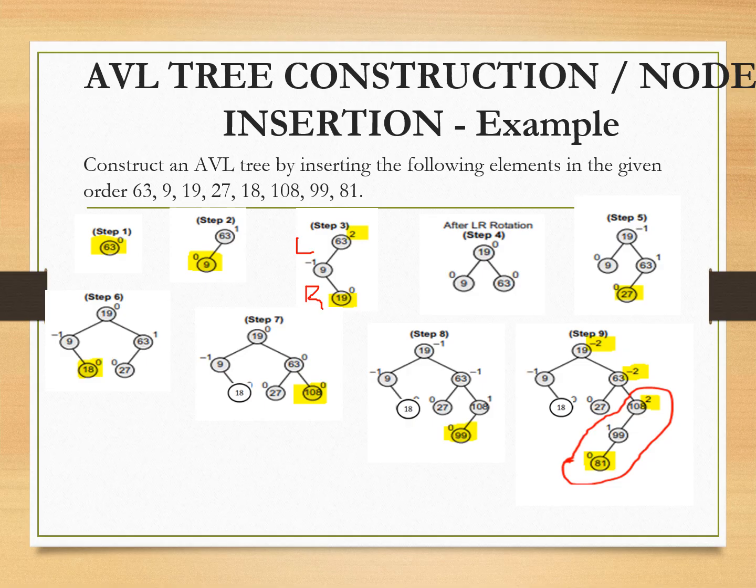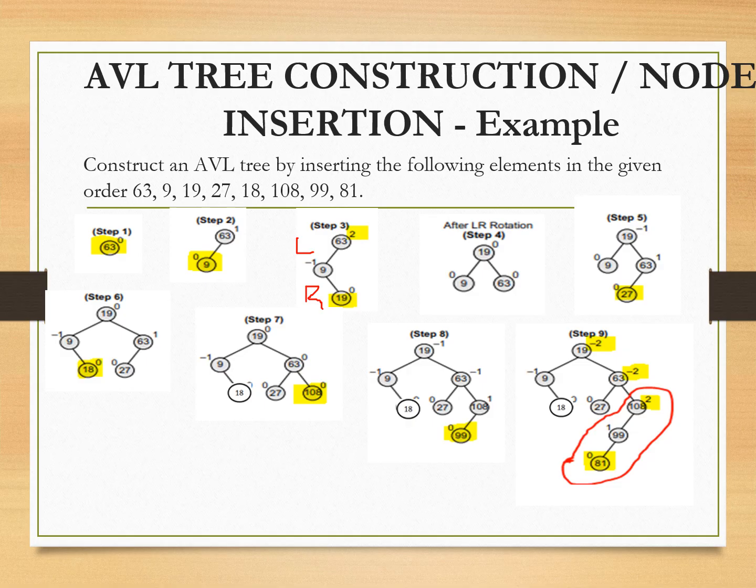Okay, so which 3 nodes should we select? Come from the place where you have inserted, and then you select the 3 nodes of which one node should have the balancing factor other than 0, minus 1 and 1. I repeat, you have to select 3 nodes.